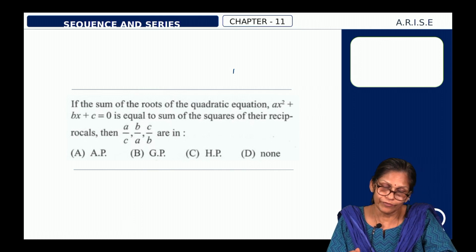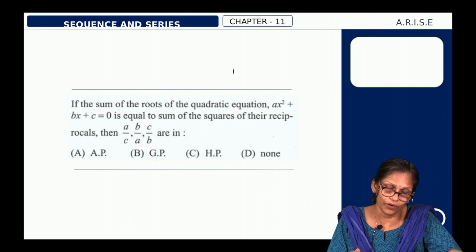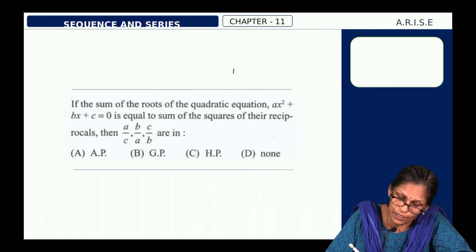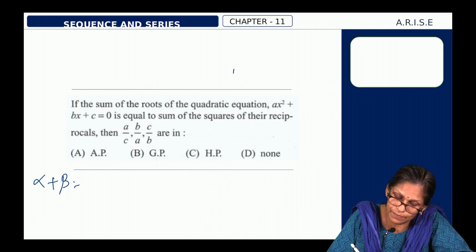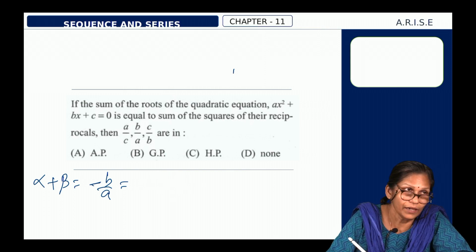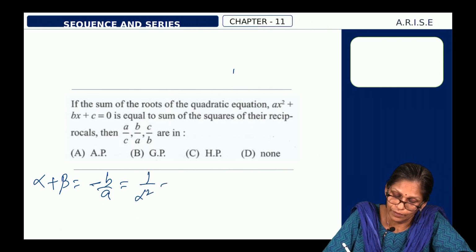Yes. If the sum of the roots of this quadratic equation is equal to the sum of the squares of their reciprocals. So, what is given? Alpha plus beta is minus b by a, that is equal to the sum of the squares of their reciprocals, 1 by alpha squared plus 1 by beta squared.